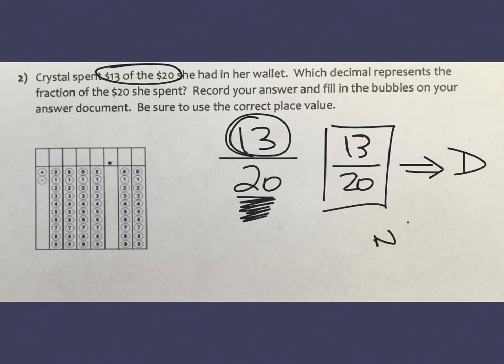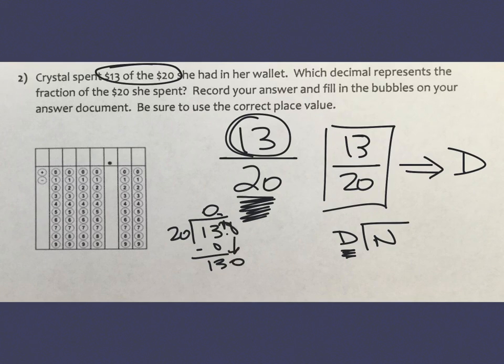Remember, we divide numerator by denominator. Dog stays outside. So the numerator is 13 divided by the denominator of 20. 20 doesn't fit into 13, so that's 0. We add a decimal and push it to the top, and a 0 and bring it down. 20 fits into 130 6 times.